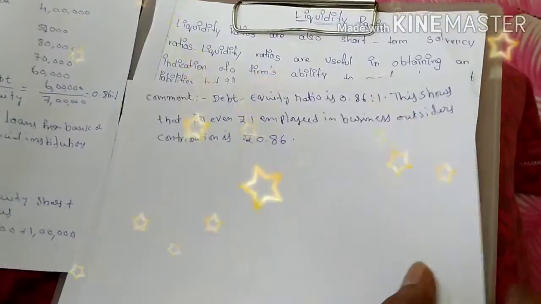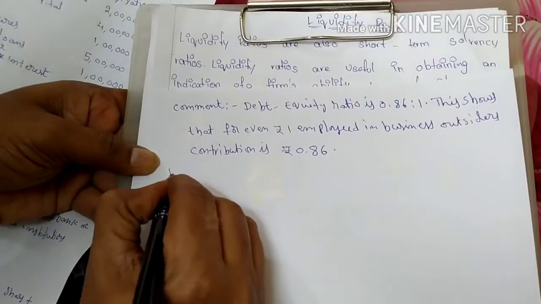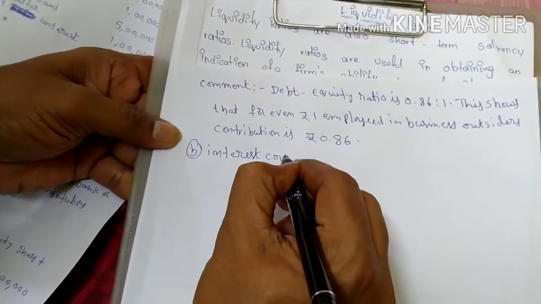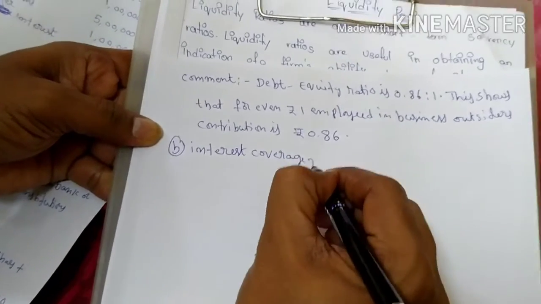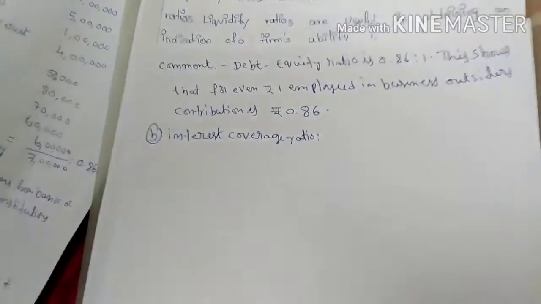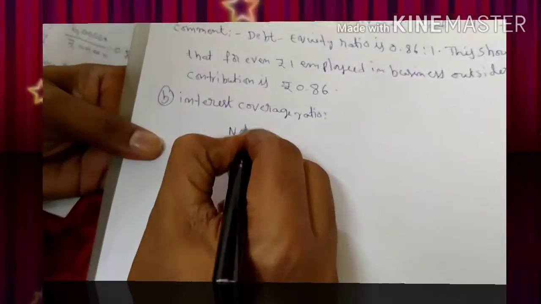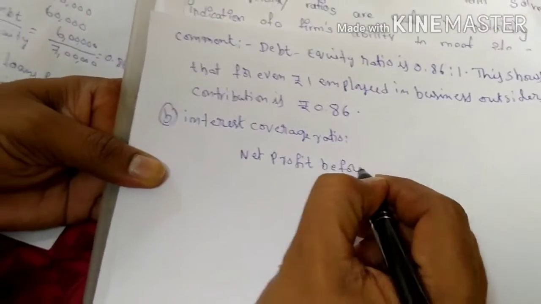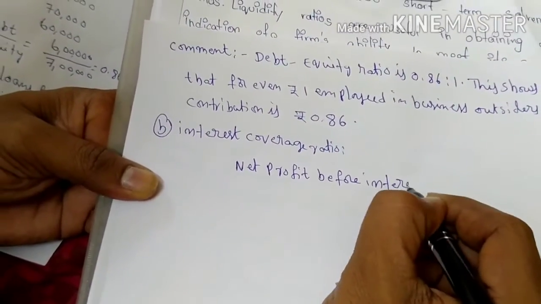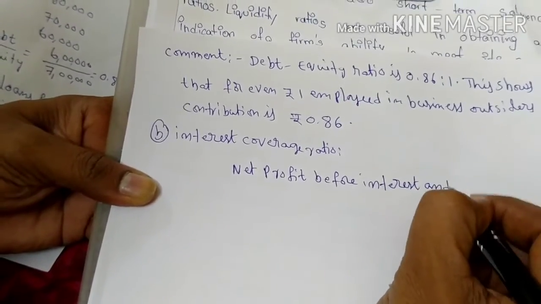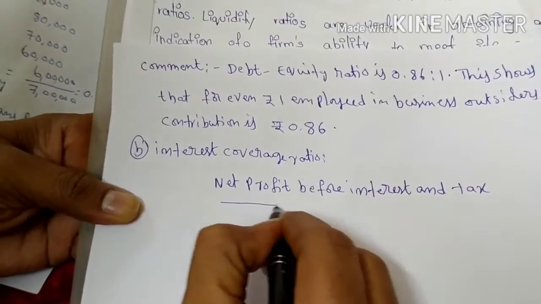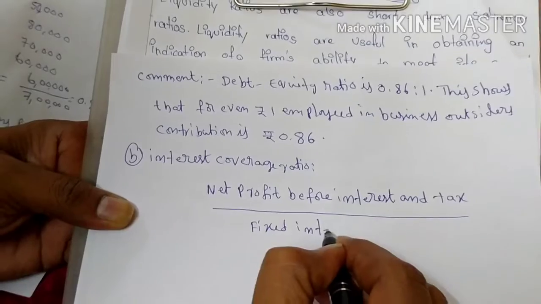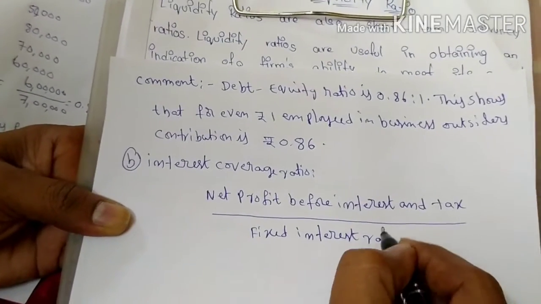We are going to calculate the interest coverage ratio, B. The formula is net profit before interest and tax by fixed interest charges.